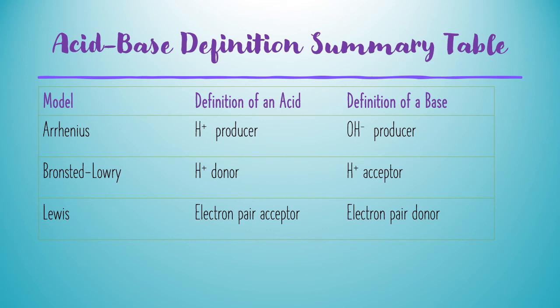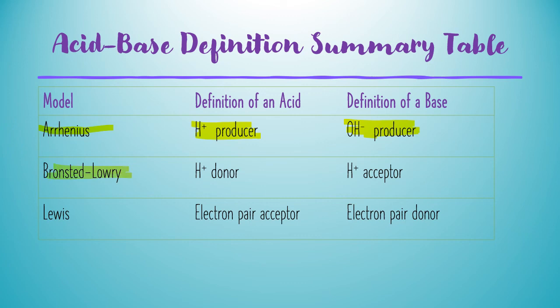And so here are the 3 acid and base definitions just summarized for you. Arrhenius is what we're going to deal with most of this unit. An acid produces H positive, and the base produces OH.